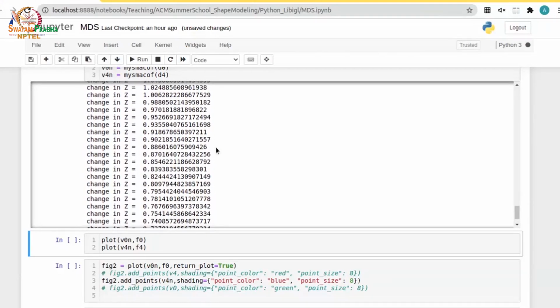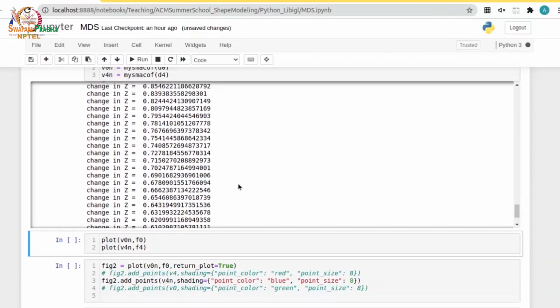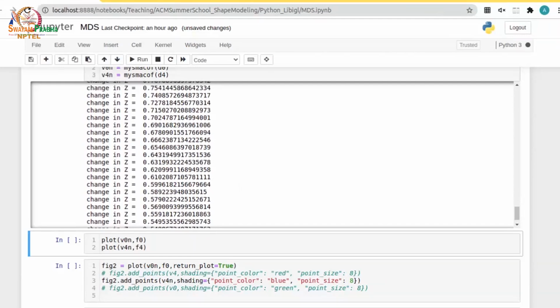As of now, it's going down reasonably well. And remember, this is the algorithm on the first mesh, so similar time can be expected for the second mesh as well.